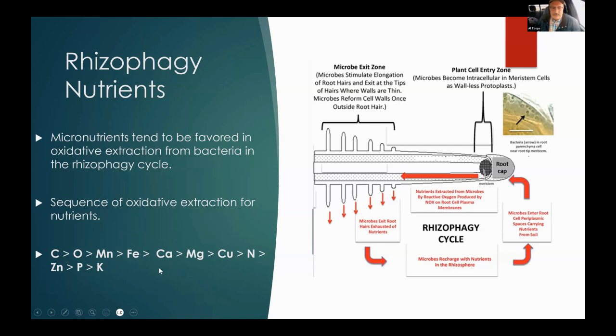Calcium's fourth place. Usually what happens if we have calcium deficiencies, and I can tell you that there's probably a blocked pathway. We have an issue with the digestive system absorbing that nutrient. Magnesium, copper, nitrogen is way down the list, zinc, phosphorus, and potassium. How many times have you taken a tissue sample with tons of potassium in the soil and you find potassium deficiencies in the tissues?